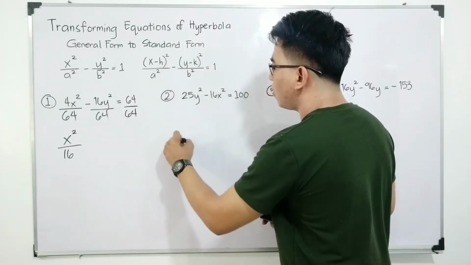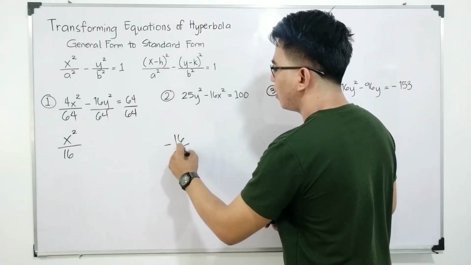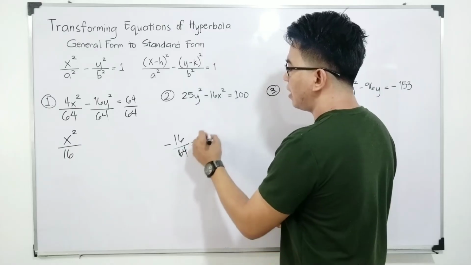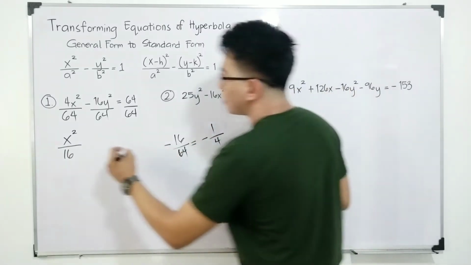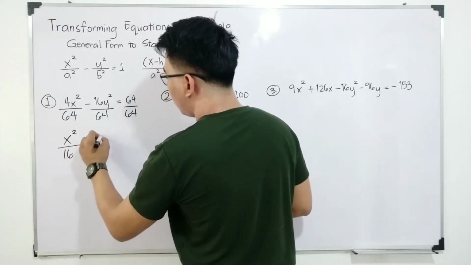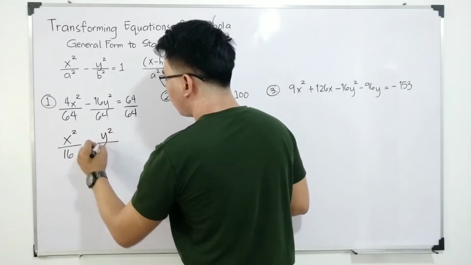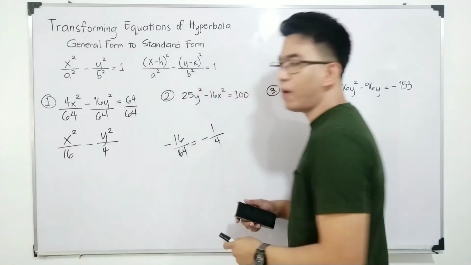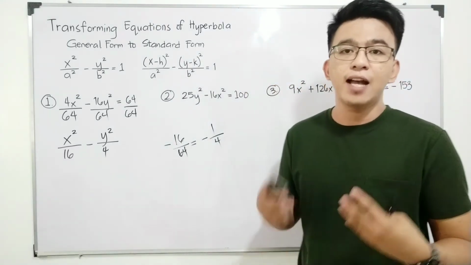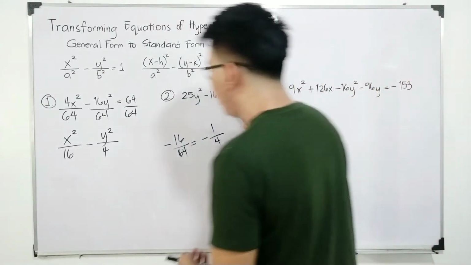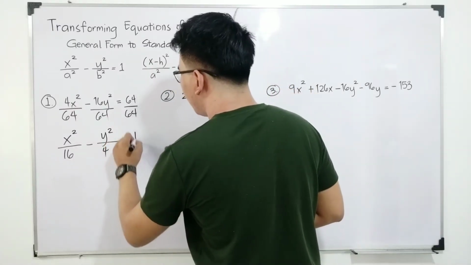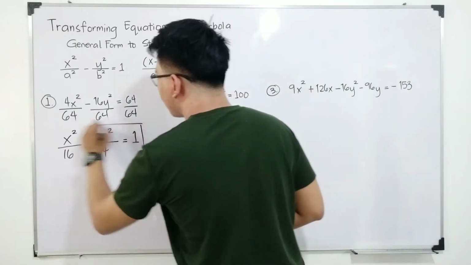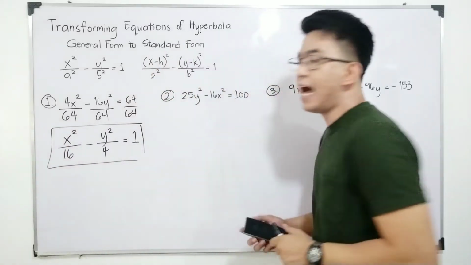Our negative 16 over 64 is the same as negative 1 over 4. So for the next term, that is negative y squared over 4. No need to write 1 because we express it as an invisible number. Next, 64 over 64 is equal to 1.